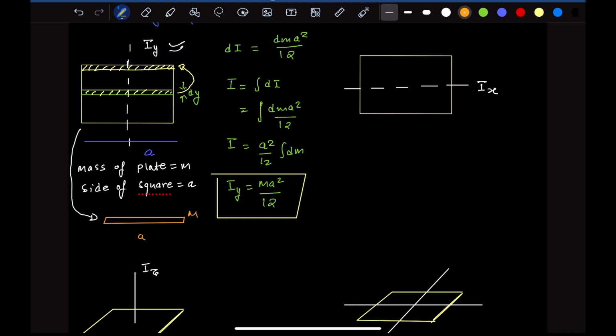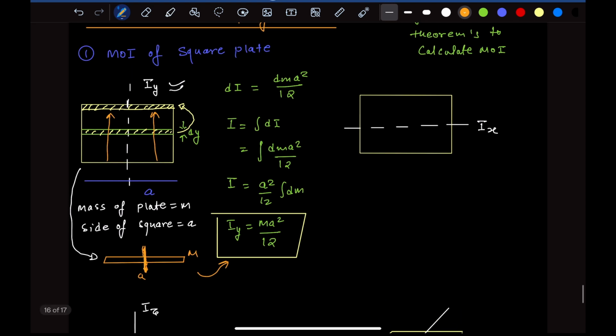So I have shifted all the mass from this place to this place, all the elemental masses. So now the mass has become total mass m, and the length is a, and we need to find out the moment of inertia about the center of this rod, and that is m a square divided by 12. So this is how I can use the shifting of mass and calculate the total moment of inertia, right?